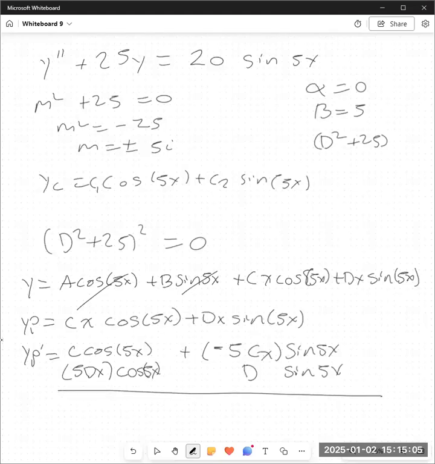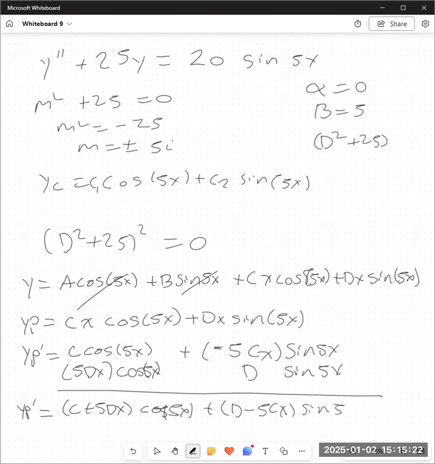And I put those together, yp prime is equal to c plus 5dx cosine of 5x plus d minus 5cx sine of 5x.